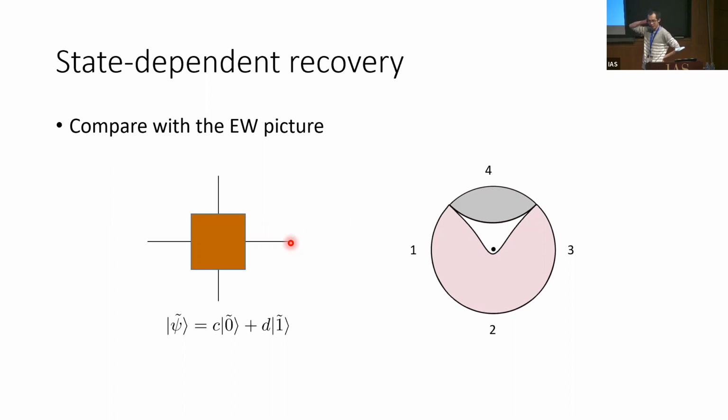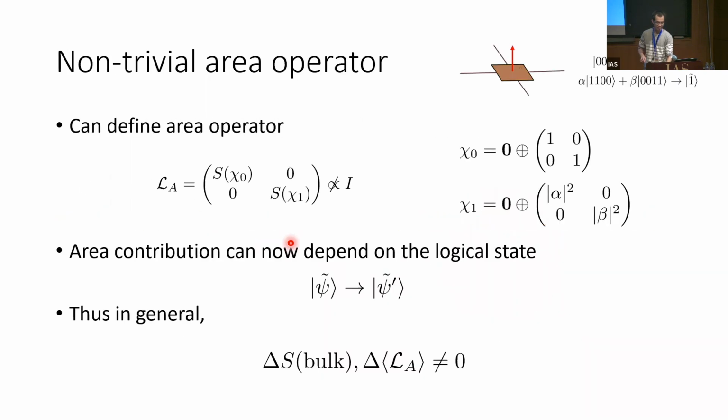Yeah, a good question. So there are 2 ways we're circumventing this in our paper. The first is that we do a state-dependent definition of the area operator. In the example that I showed you here, it actually doesn't matter whether alpha is equal to beta or not. It turns out that when you consider, say, a 2 by 2 definition, you can always find this because the Z subalgebra is still exactly accessible on both sides.